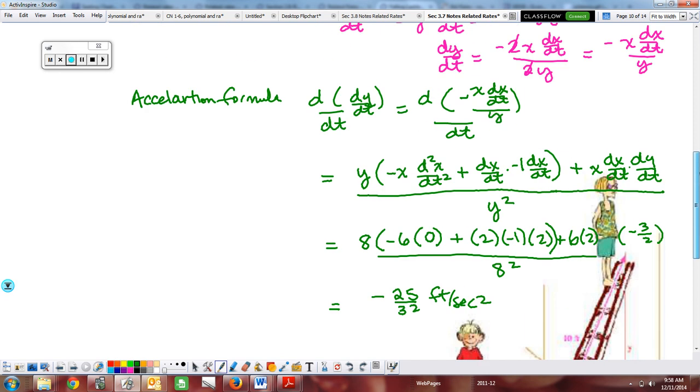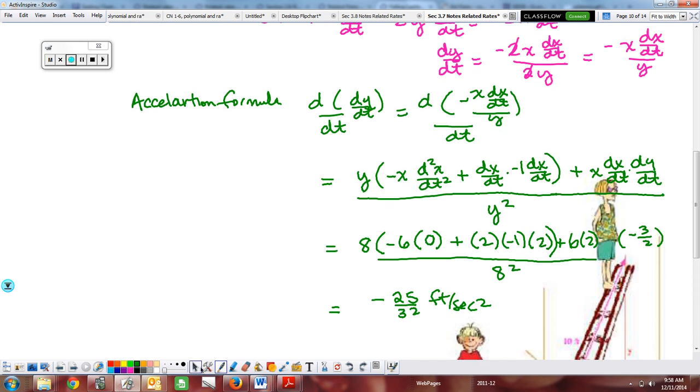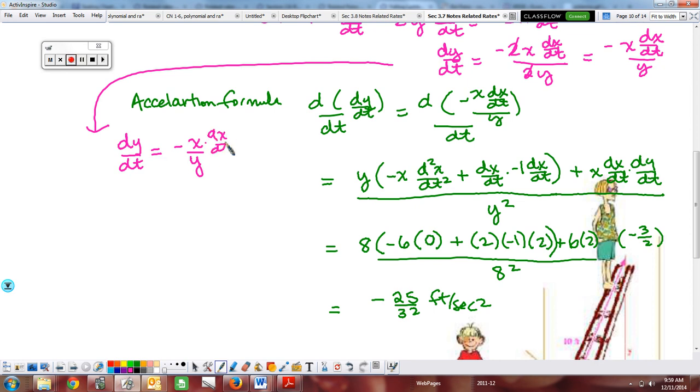Now, as a comment, there is a little bit easier way for this. When I find this part right here, before I actually take the derivative, remember the whole make-it-easier thing? When we were doing this problem, we had dy dt equal negative x over y, times that dx dt.